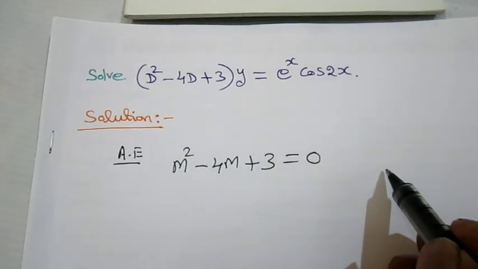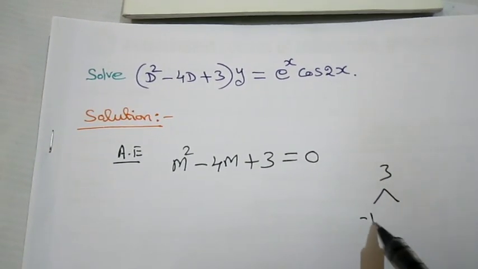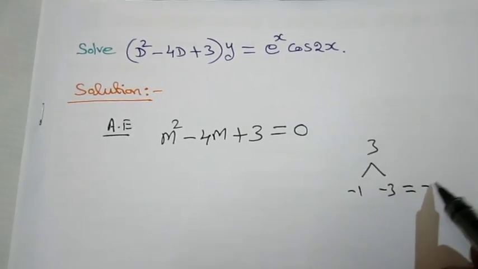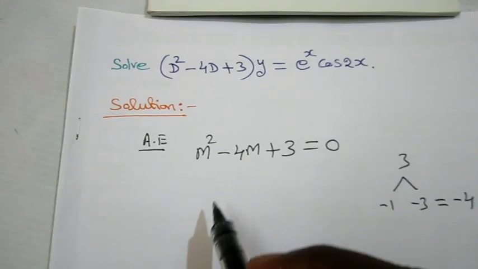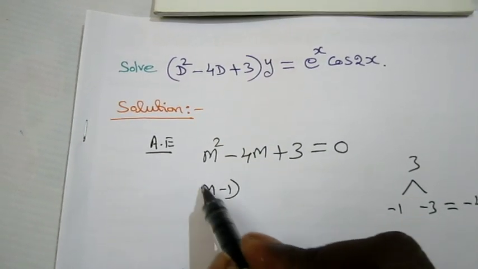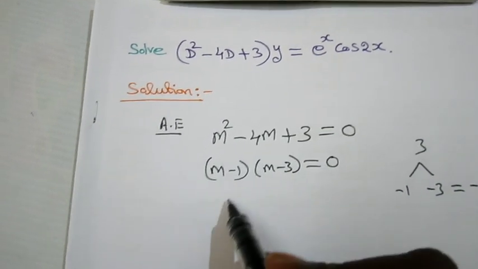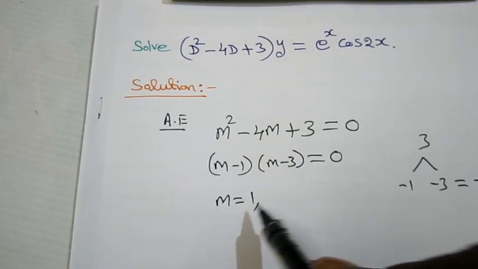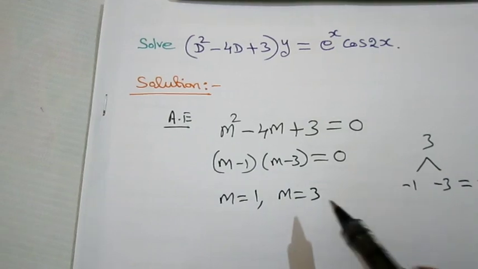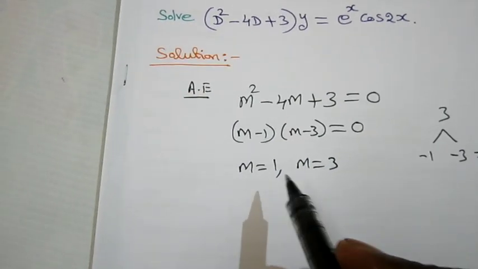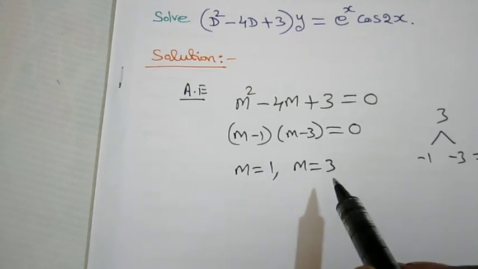Factorize this: 3 can be written as minus 1 into minus 3, and adding gives minus 4. So this quadratic equation is (m minus 1)(m minus 3) equals 0. Therefore m equals 1 and m equals 3. There are two values for m, and they are unequal, different values.